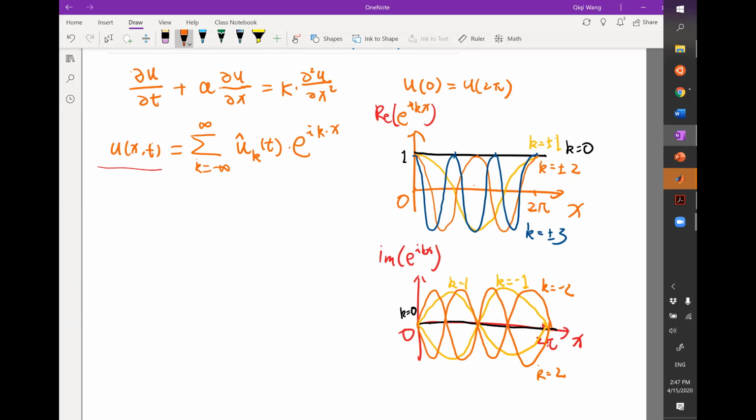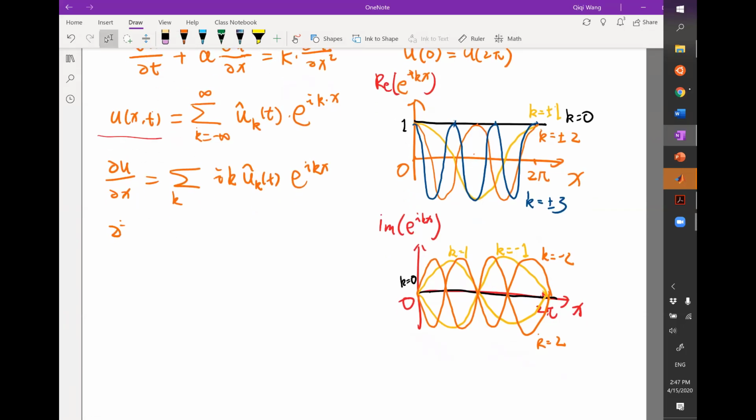The advantage is that when we differentiate the Fourier series, du/dx, as we started last lecture, we have ik multiplied on u hat of k, still just a function of t, times the same Fourier basis, e to the ikx.